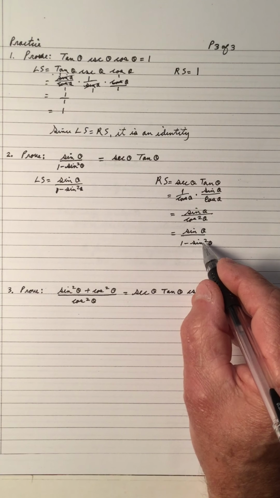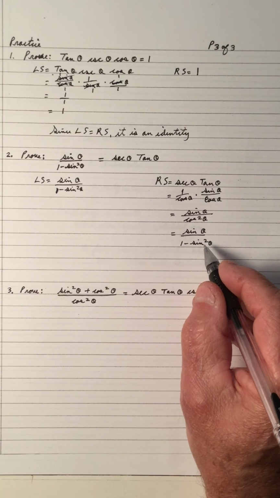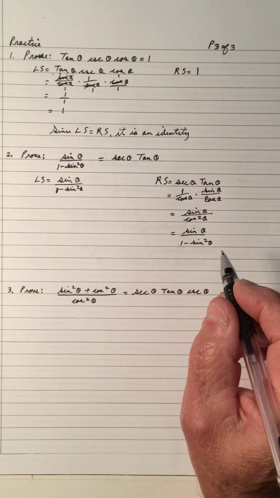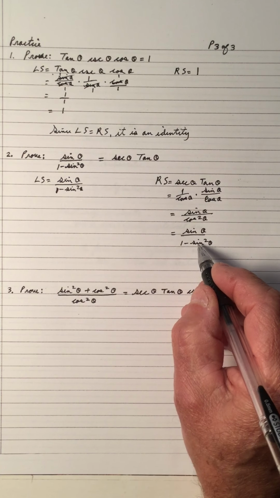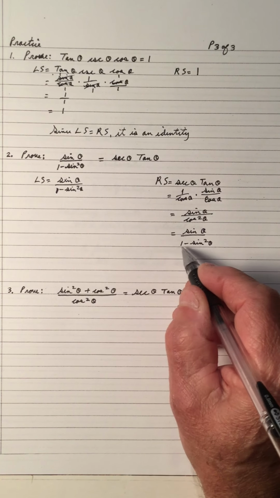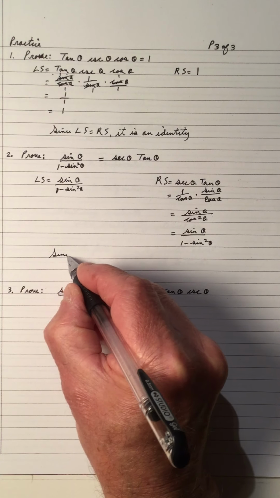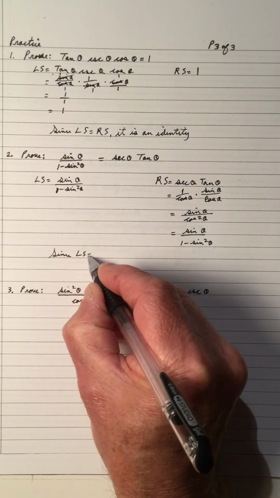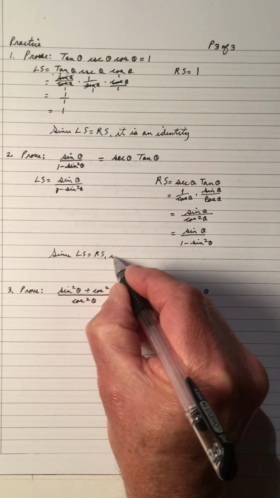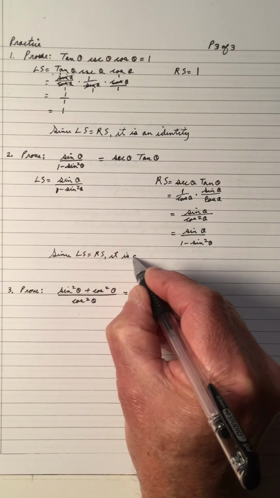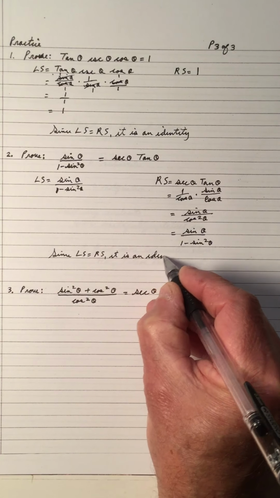This is one that comes from the Pythagorean identity. Remember, cos squared plus sine squared is 1. Well, this one comes out of that because cos squared is equal to 1 minus sine squared. And since the left side equals the right side, it is an identity.